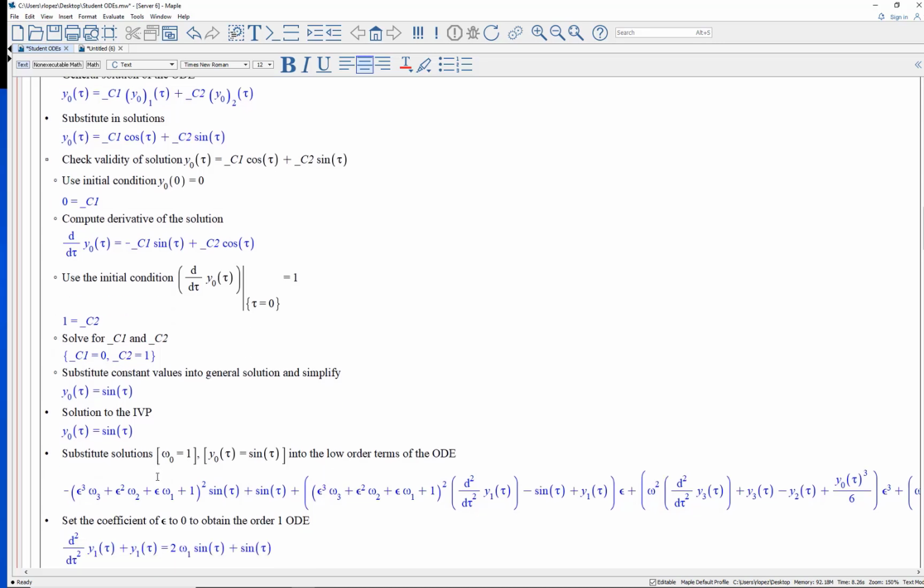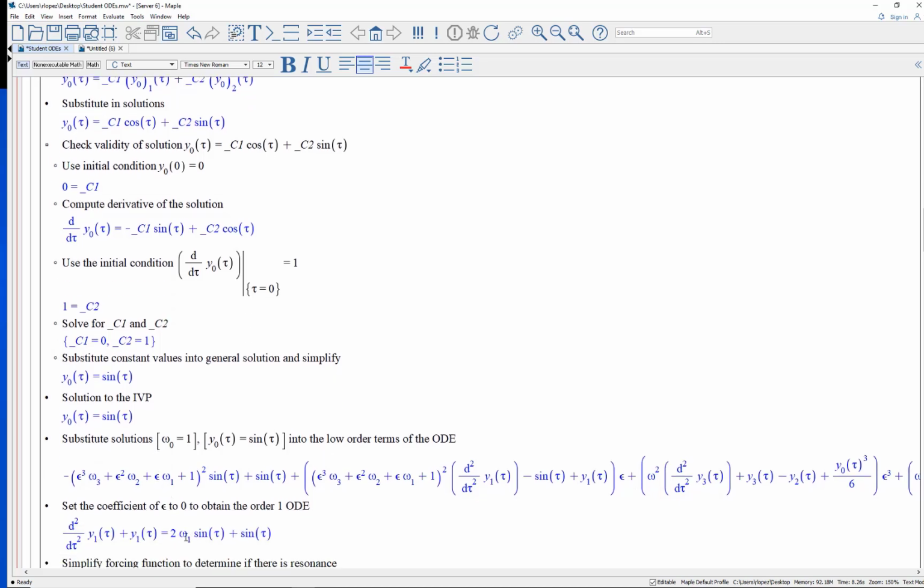Knowing y0, you can use that in the equation for y1. And that equation for y1 will look like this. Now, if you realize that the homogeneous solution is going to have a sine tau, and the driving term has a sine tau, so the solution to this equation is going to have tau times sine tau.